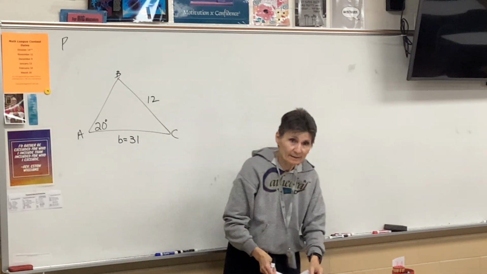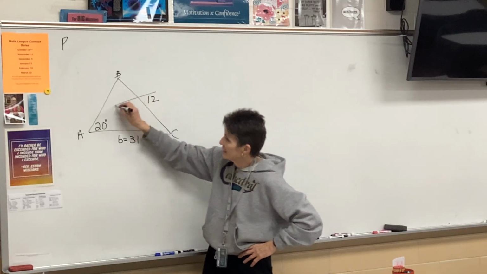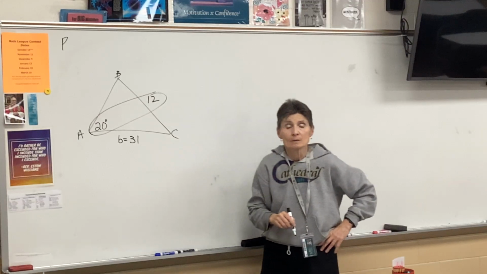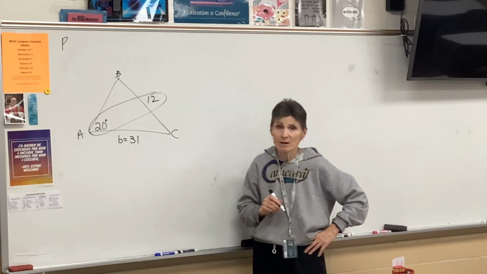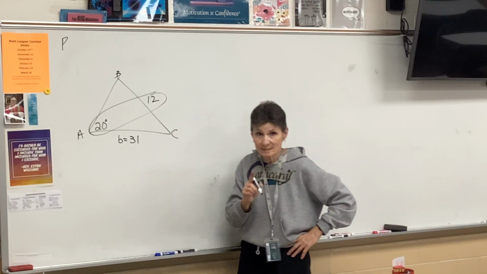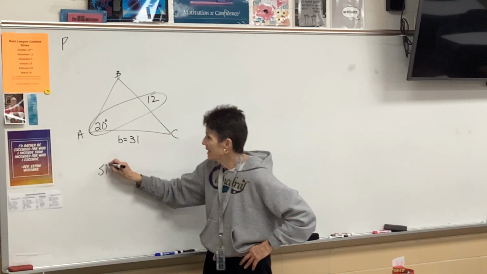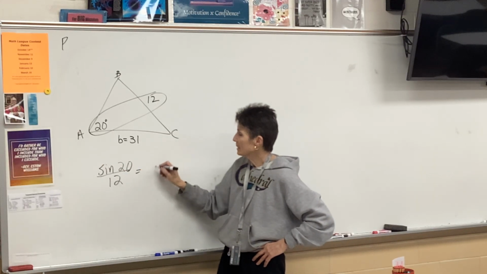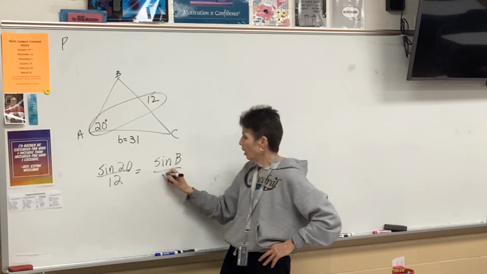Now when I look at this, I very clearly see that pair. And I remember from yesterday that when I see that pair, I'm going to set up my law of sines starting with that. So sine 20 over 12 equals sine B over 31.